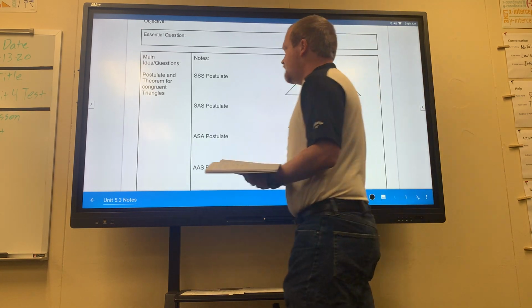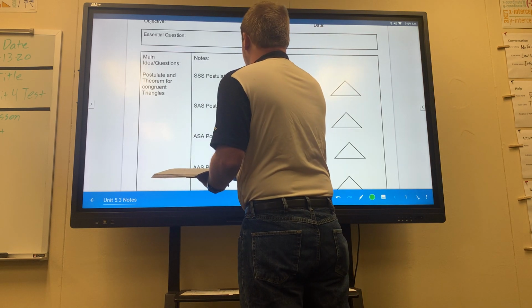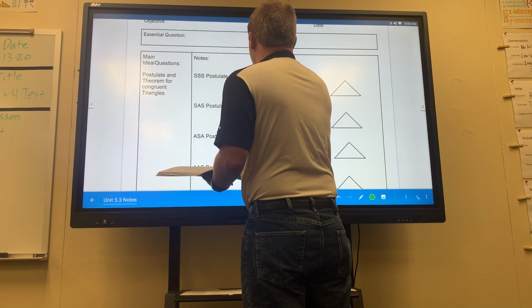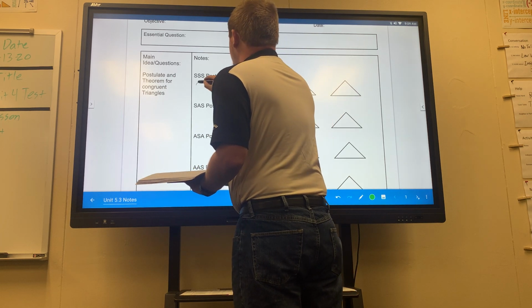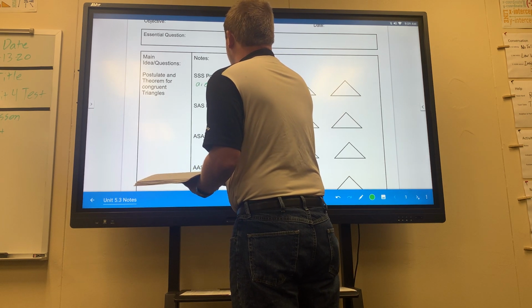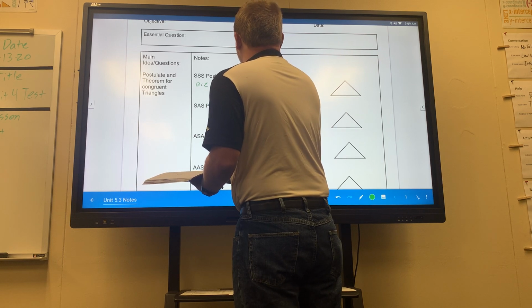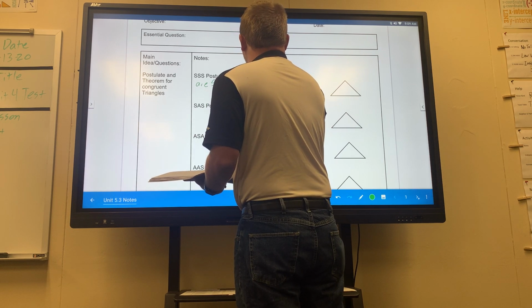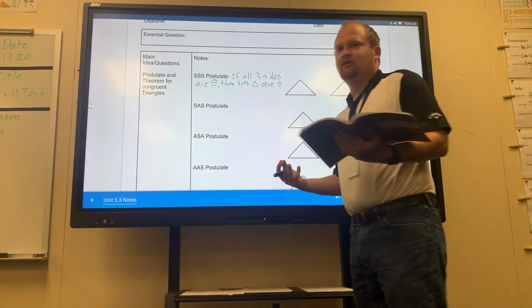The first one is side, side, side, which we abbreviate as SSS. Now, what this means is if all 3 sides are congruent, then both triangles are congruent. So what does it look like?